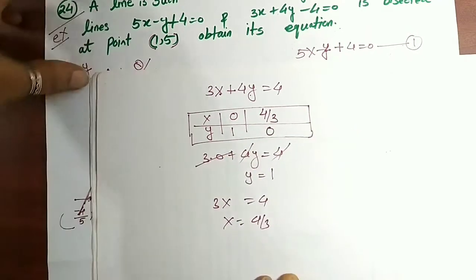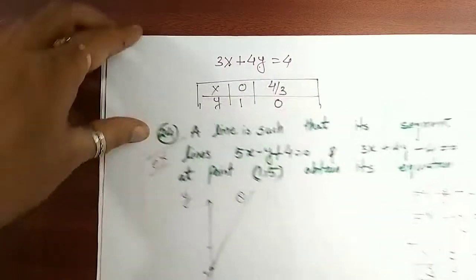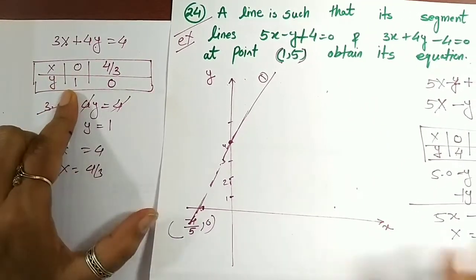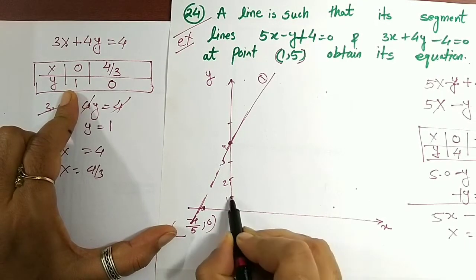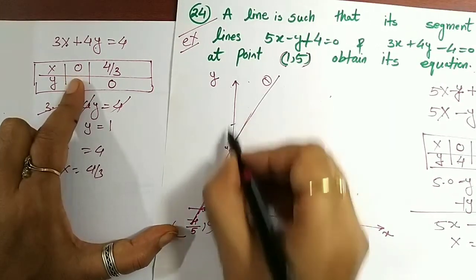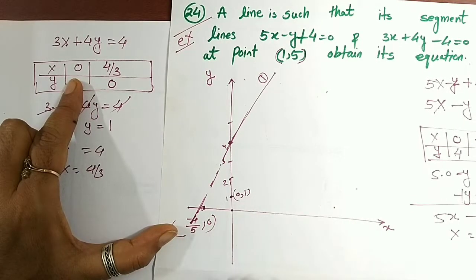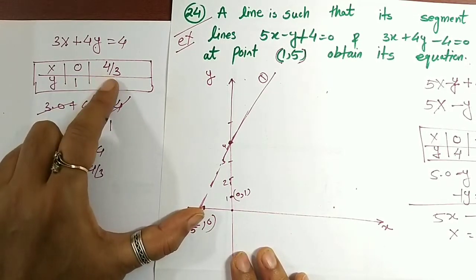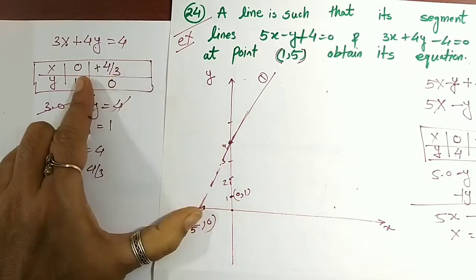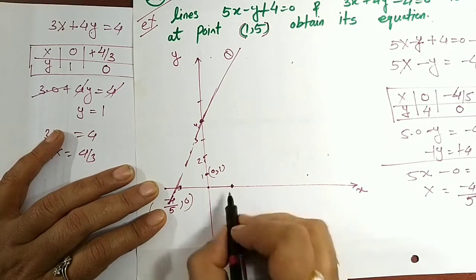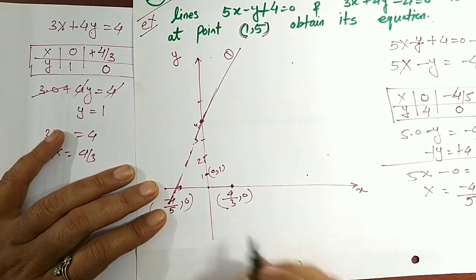So I got an idea where my line is. The first point is 0, 1. So 0, 1 is here, guys. If the x part is 0, it has to be on the y-axis, so it is somewhere here, 0, 1. And the second point is 4 by 3. 4 by 3 is a positive value, remember. So this point will be somewhere here, 4 by 3, 0.